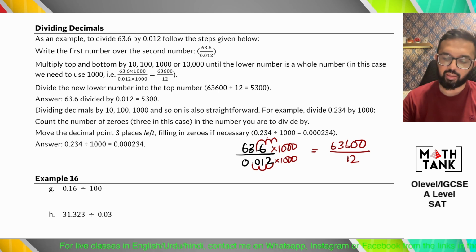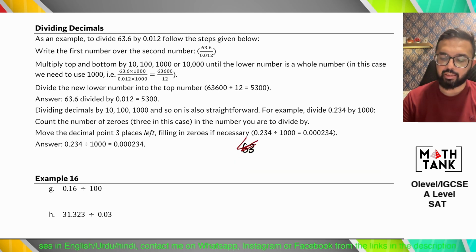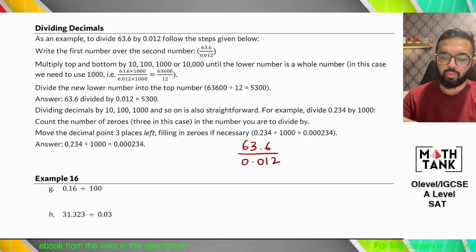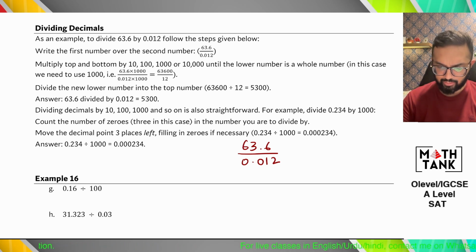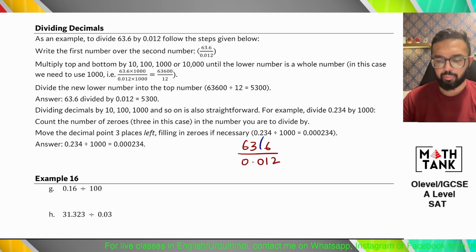There's another way of thinking about this as well, and I think that you might find that a little easier, but it has the same thing. So 63.6 divided by 0.012. What I was taught when I was your age is to remove this decimal place like that. And because I've removed one decimal place, I put a multiply by 10 in the denominator.